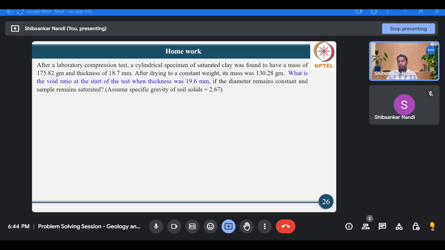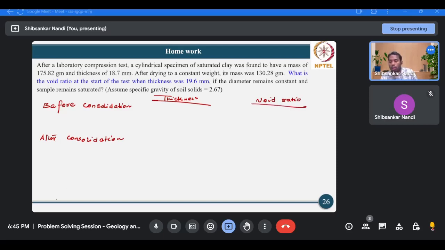So for example, two stages are talked about: one is before consolidation, and then after consolidation. So first of all, thickness, and then void ratio.